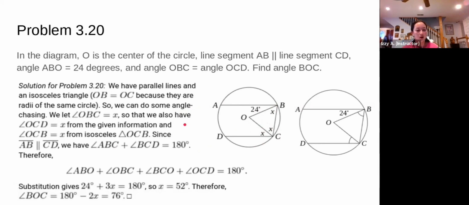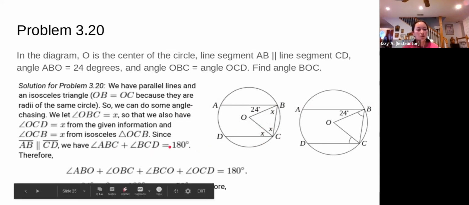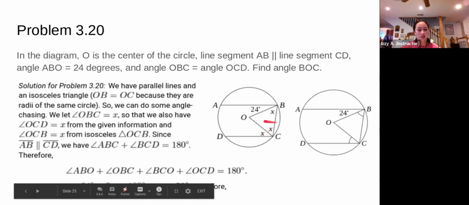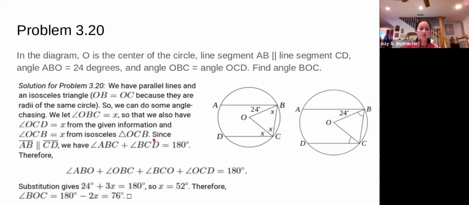If we plug all those values in, we would eventually get the following equation: 24 degrees plus 3x equals 180 degrees. So then x would equal 52 degrees. And then we would plug it back in, and BOC would be 180 minus 2x because it's an isosceles triangle, so that would be equal to 76 degrees.